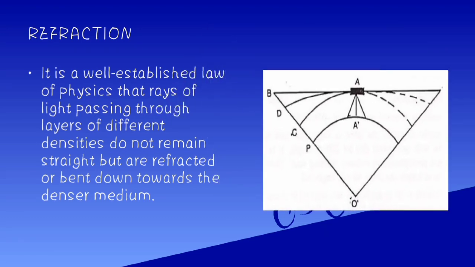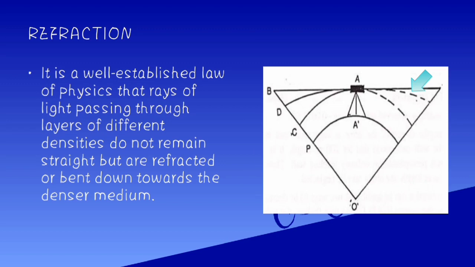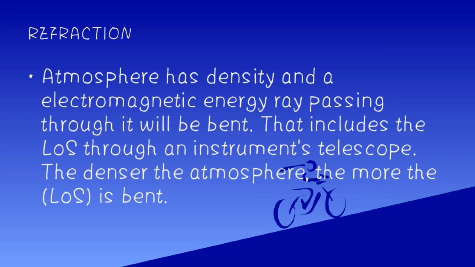As you can see, the ray of light from the staff to the instrument is not straight, but it follows a curved path AD concave towards the earth, as the air near the surface of the earth is denser than the upper layers of air. Atmosphere has density, and an electromagnetic energy ray passing through it will be bent. That includes the line of sight through an instrument's telescope.